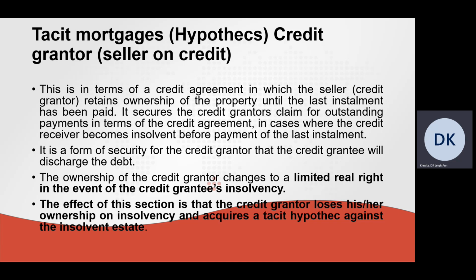It is a form of security for the credit grantor that the credit grantee will discharge the debt. The ownership of the credit grantor changes to a limited real right in the event of the credit grantee's insolvency. The effect of this section is that the credit grantor loses his or her ownership on insolvency and acquires a tacit hypothec against the insolvent estate.